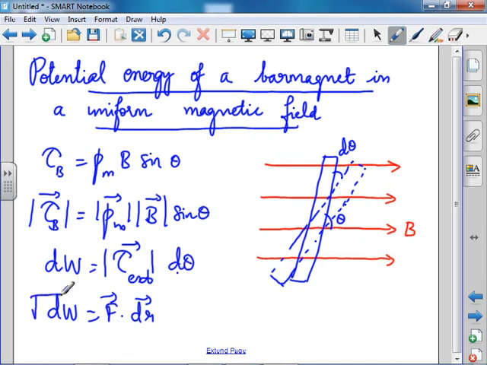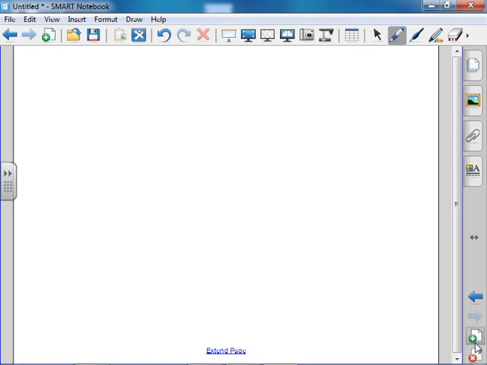Okay. Now the external torque is equal to the torque due to the Bohr magnet. So we can write tau B is equal to tau external.